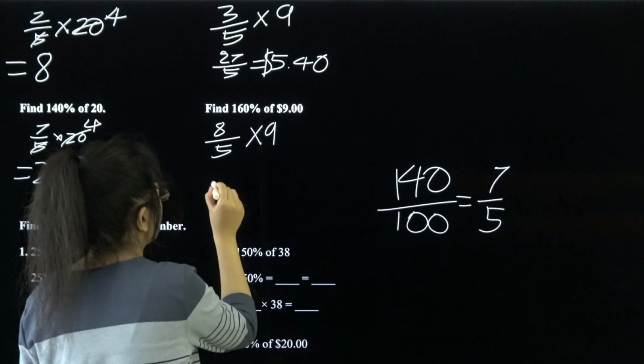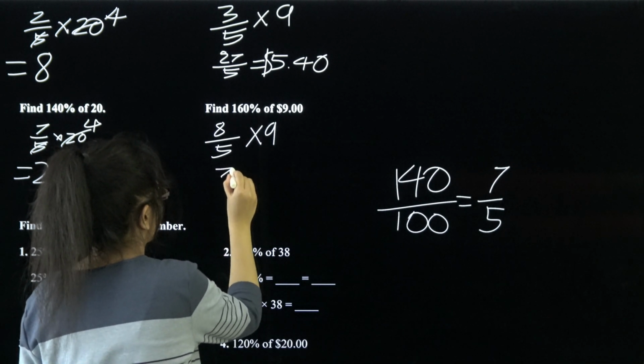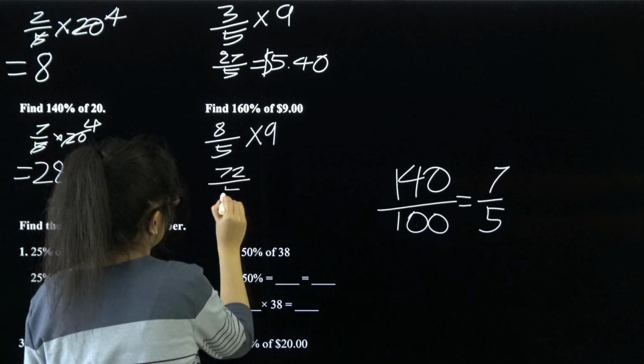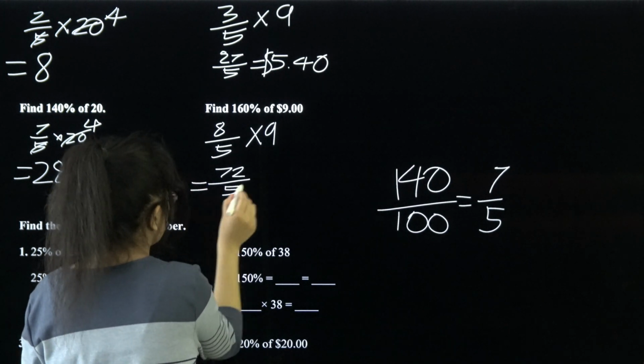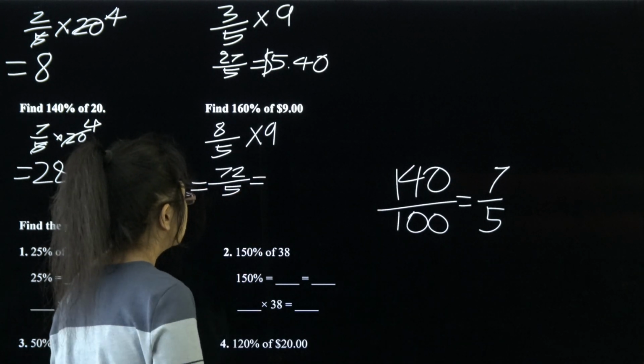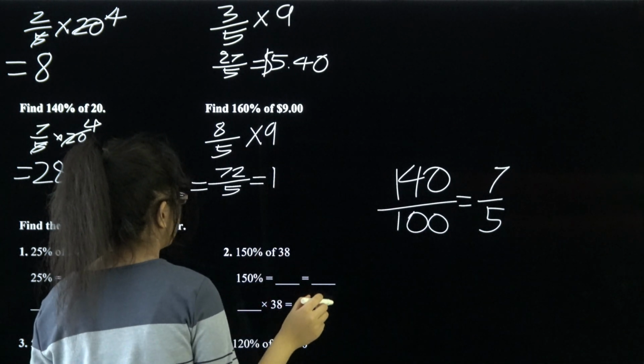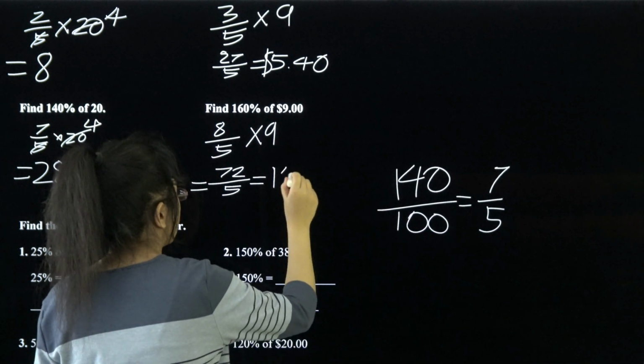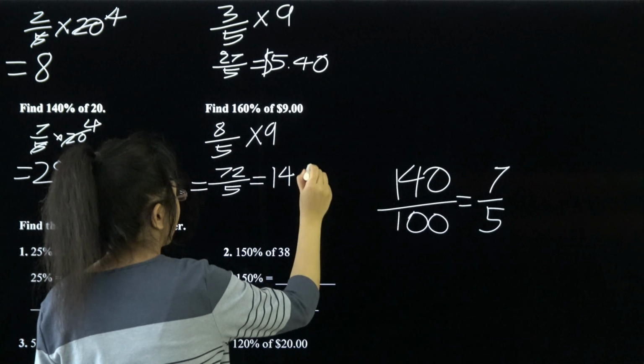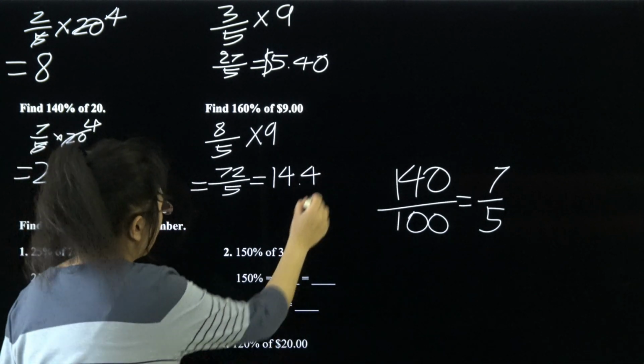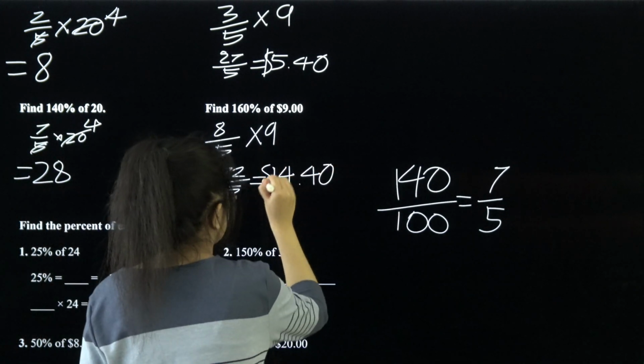And that would be 8 times 9 equals 72, 72 over 5. And that equals $14.40.